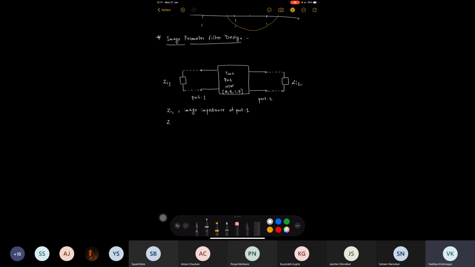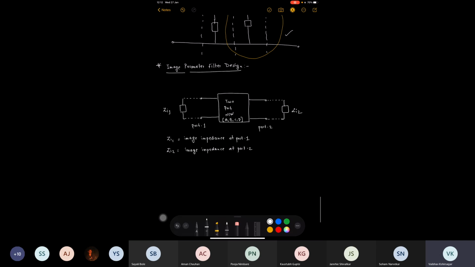And what is ZI2? ZI2 is the image impedance again at port number 2. So it is quite clear that we are representing a piece of the transmission section with a two-port network. Now this two-port network we want to represent in terms of ABCD parameters, the transmission parameters.